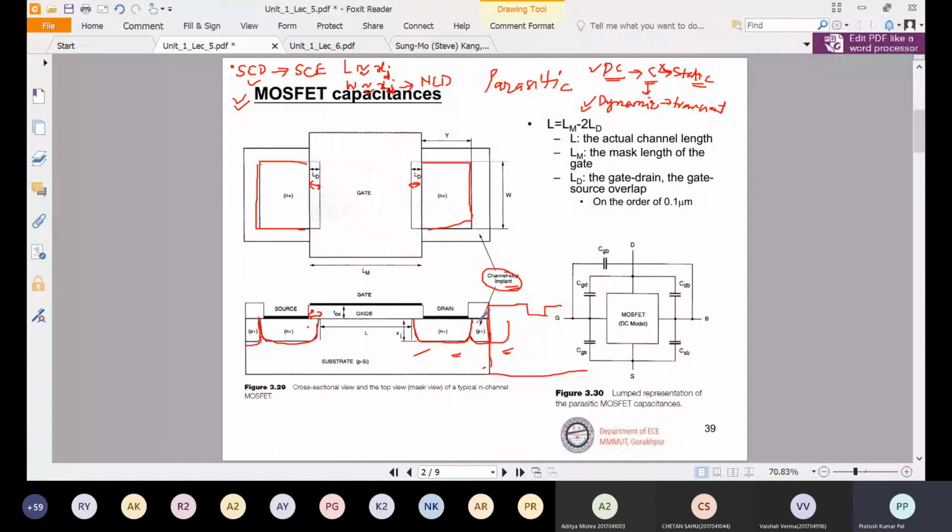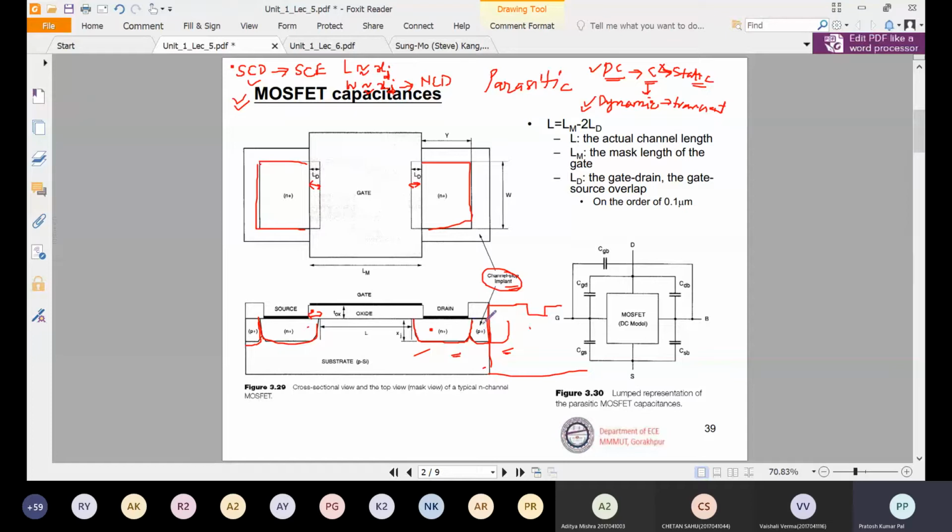It avoids interference between one MOSFET and another, and it also avoids the channel spreading. Once this channel is inverted, if this implant region is not there, the channel can spread out to other MOSFETs placed nearby. So this implant region provides a separation.